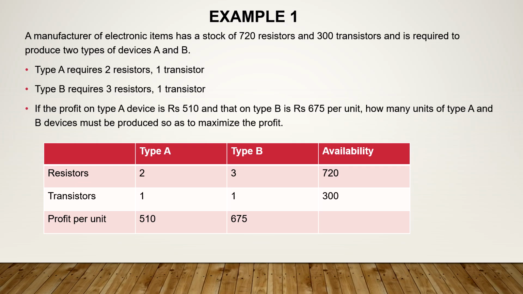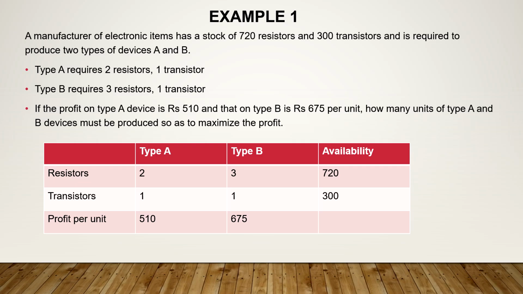Now we again take the example which we discussed in the starting. In this example, the manufacturer has a stock of 720 resistors and 300 transistors, and these are required to produce two types of devices, A and B. Type A device requires 2 resistors, 1 transistor. B requires 3 resistors, 1 transistor.